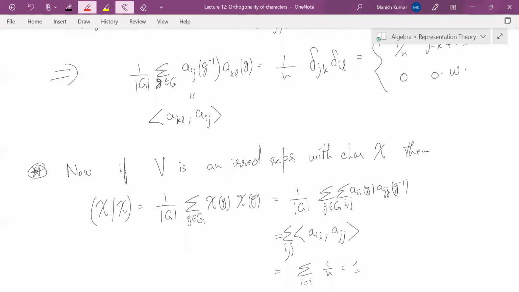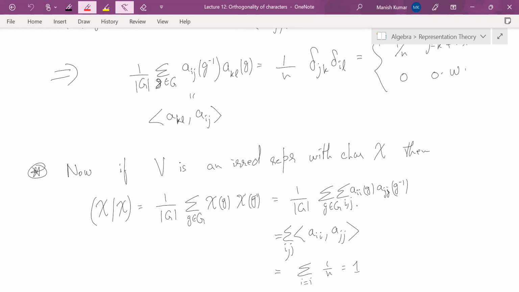So we are in the setup where v1 and v2 are the same, and the representations are both given by the matrix A. Then this trace is sum over i of aii(g), and the trace of g inverse is sum over j of ajj(g inverse). I've combined it and written it as a sum over i and j.